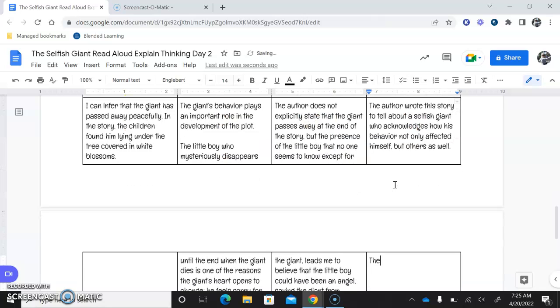And also, the story is fictional and serves the purpose of entertaining the reader. So that's our graphic organizer.